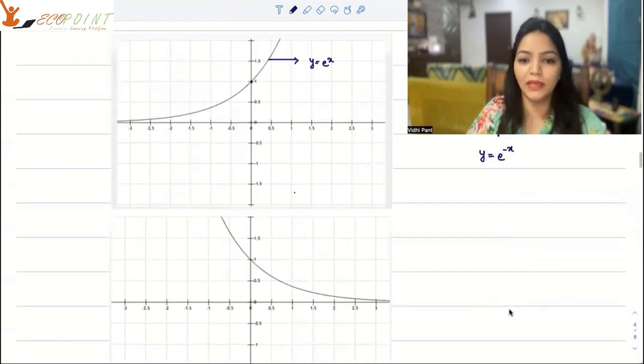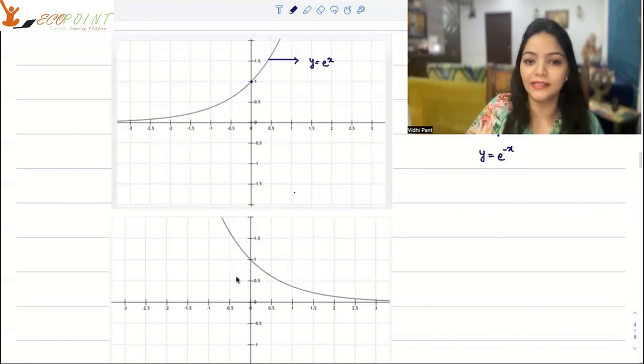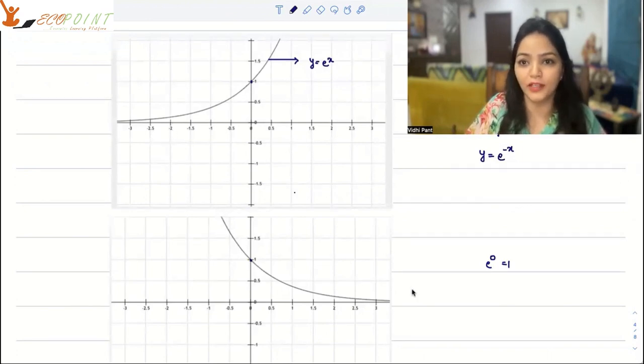So e to the power minus x. And the graph will look like this. At 0, again, when x is 0, you will get 1. So it's going to intersect the y-axis at 1 again. It's going to move exactly, if you see, the opposite direction in exact same pattern.